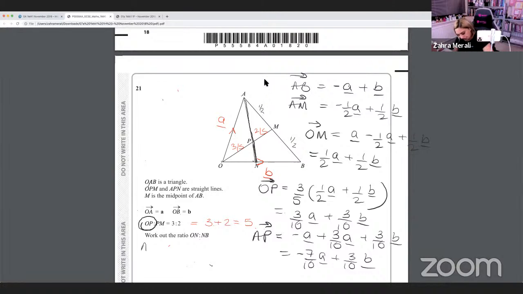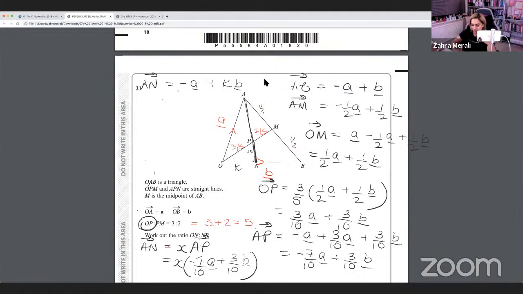A to N is the same as X lots of A to P. So X times minus 7/10 A plus 3/10 B. And A to N is also going to be minus A plus some amount to here. Call it K. So we've got A to N equals minus A plus KB.